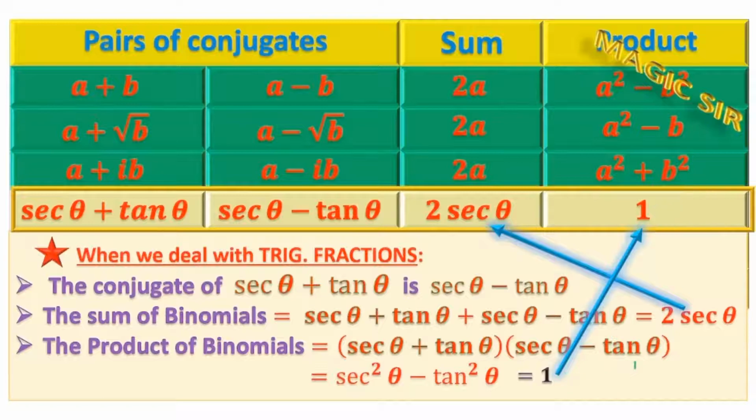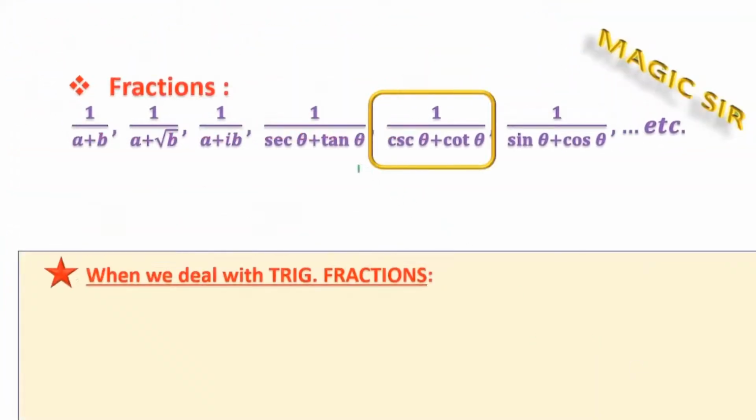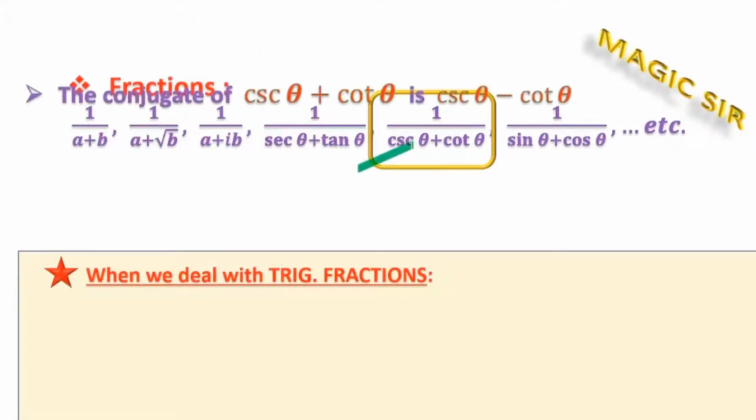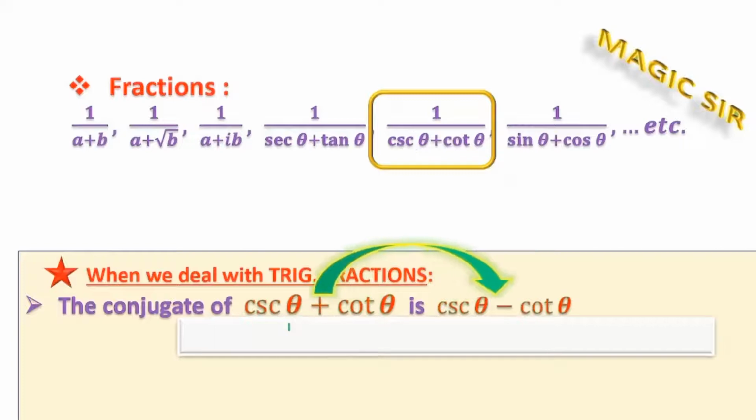Again, look at the fraction 1 upon cosec theta plus cot theta. The conjugate of cosec theta plus cot theta is cosec theta minus cot theta.